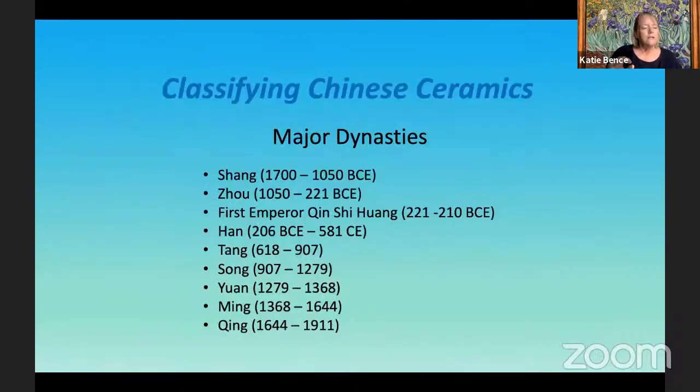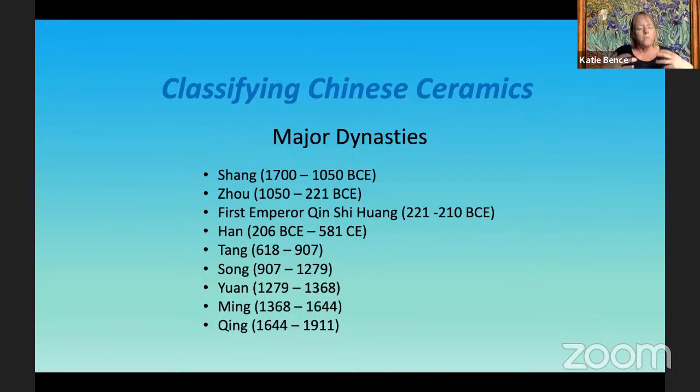So Chinese ceramics are often classified by the dynasty in which they were created. The ceramics created during each of these dynasties built upon the knowledge that they had acquired from the dynasty before them.